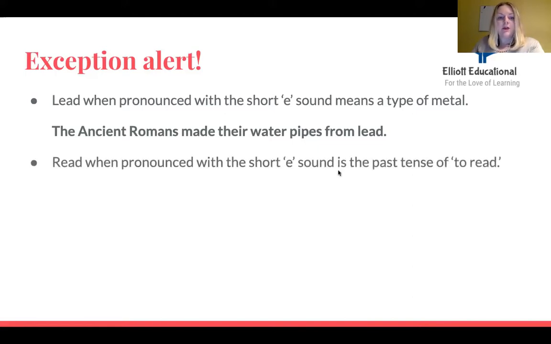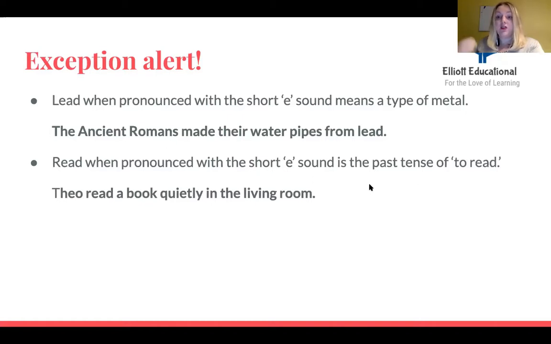Similarly, red, when pronounced with the short E sound, is actually the past tense of to read. So if I use that in a sentence, Theo read a book quietly in the living room. So it's something that's already happened. It's in the past or past, if you speak in received pronunciation.